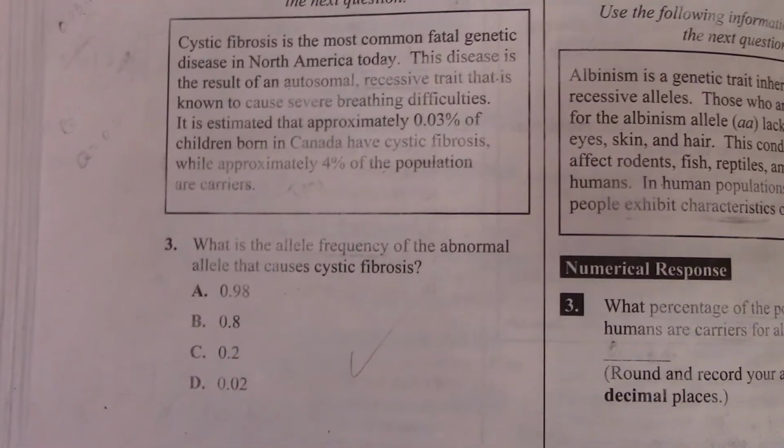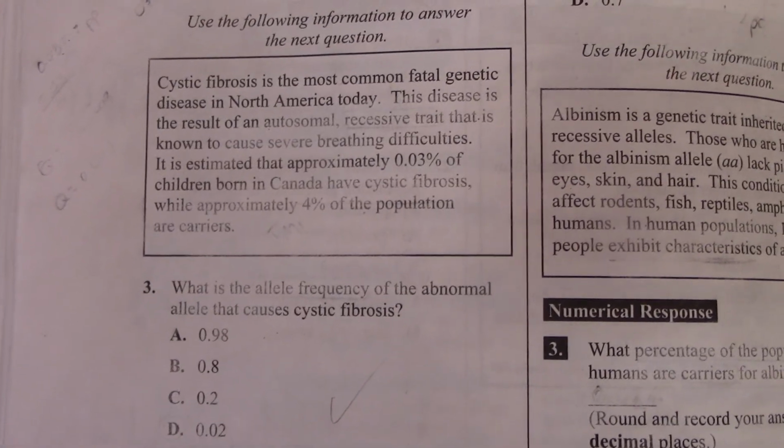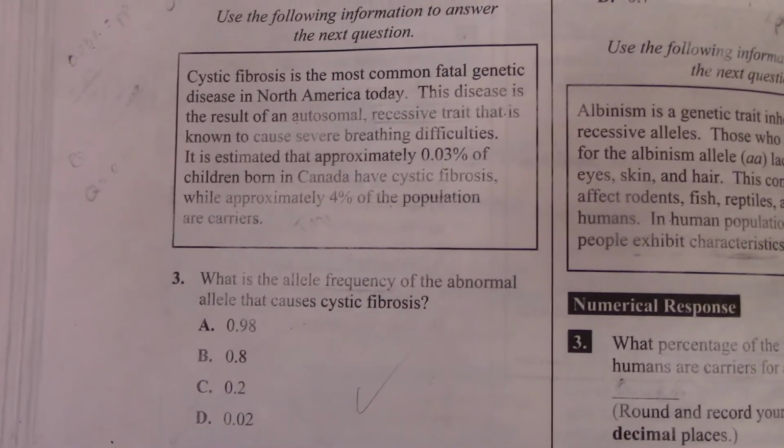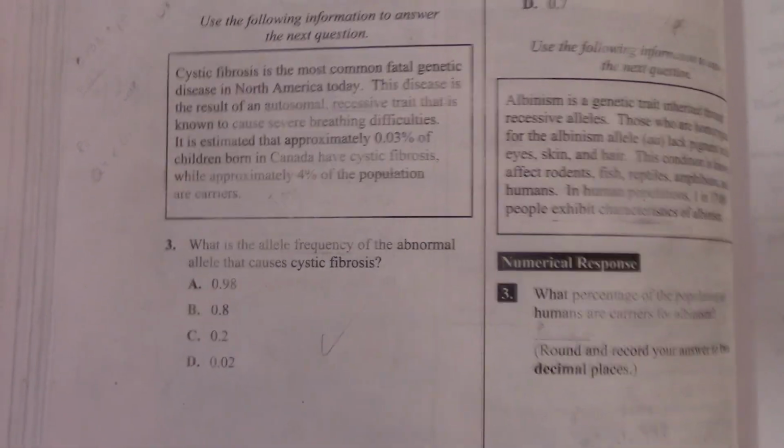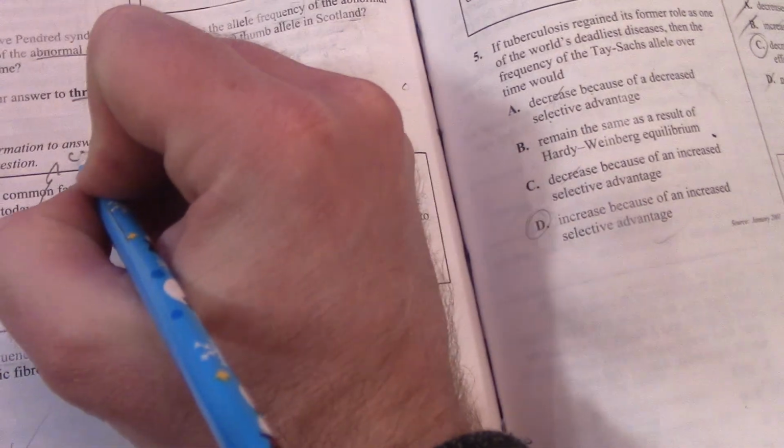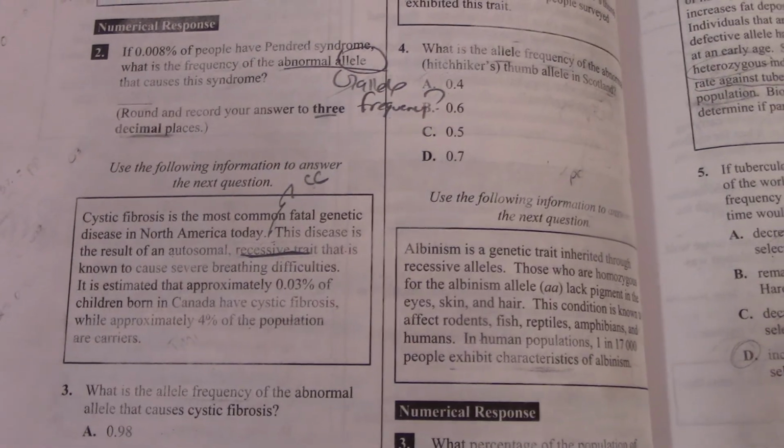Question 3. This says cystic fibrosis is the most common fatal genetic disease in North America today. The disease is, again, so we've got this recessive trait. So I hope that you're starting to pick out a pattern here. So it's recessive, so that means that you have to be little c, little c. And I'm using C for cystic fibrosis. So you have to be homozygous recessive to actually possess the trait.